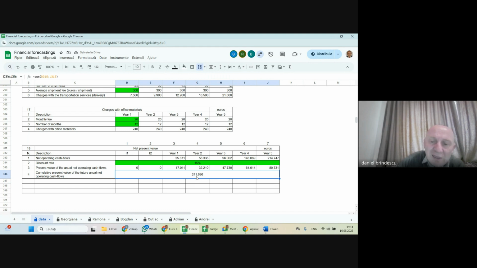So this is what I would pay today for all these future net operating cash flows. 241,000 euros, approximately. This is what I would pay today.